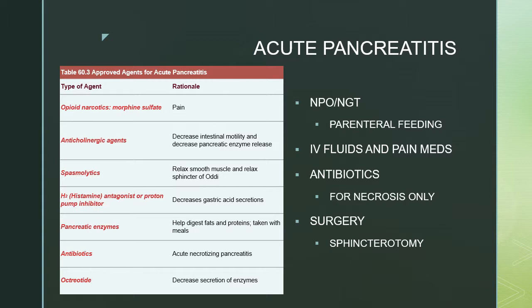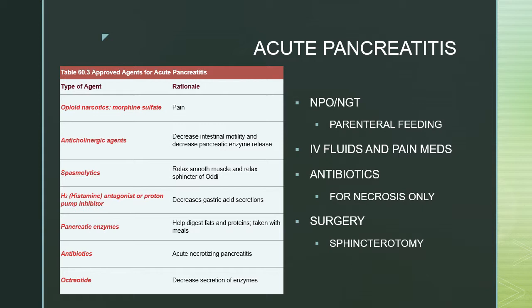Surgery can be performed, called a sphincterotomy, to dilate or open the sphincter to allow the juices and the enzymes to escape. In addition, some anticholinergic agents can be used to decrease intestinal motility, which decreases the release of the pancreatic enzymes.